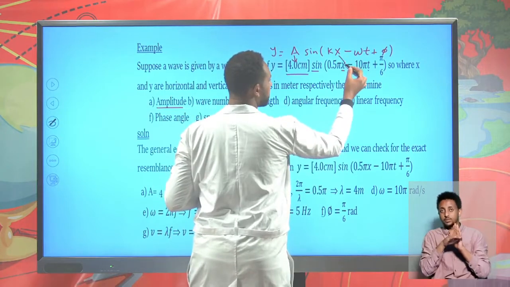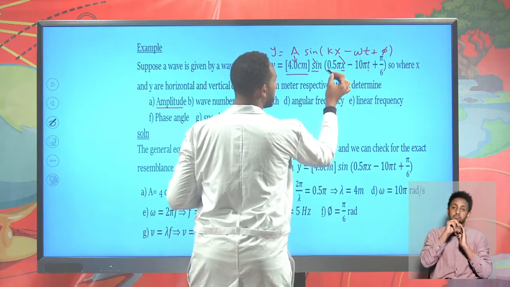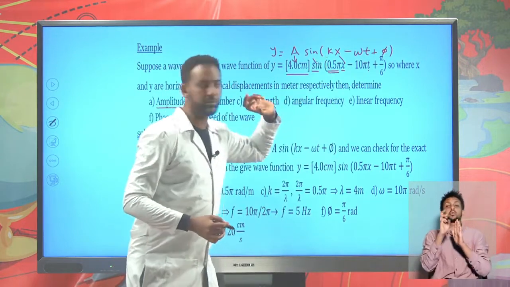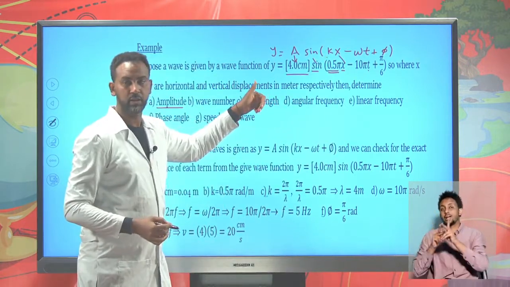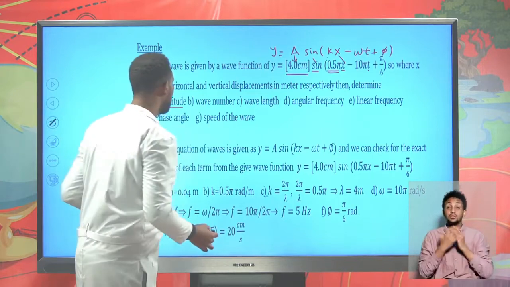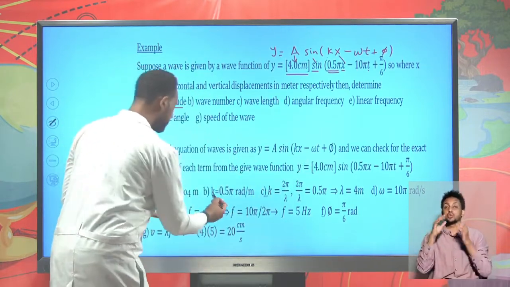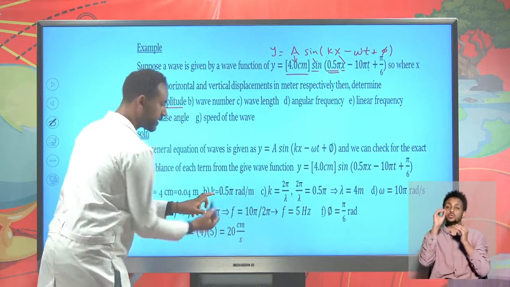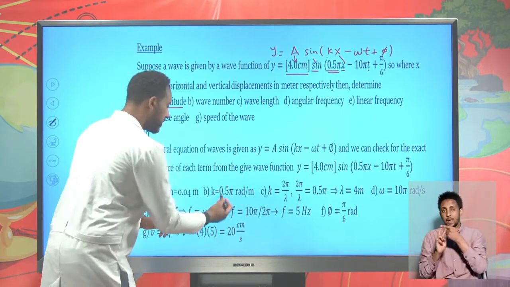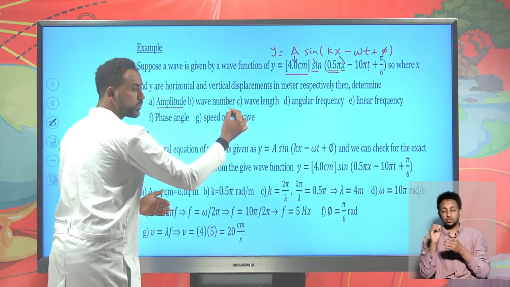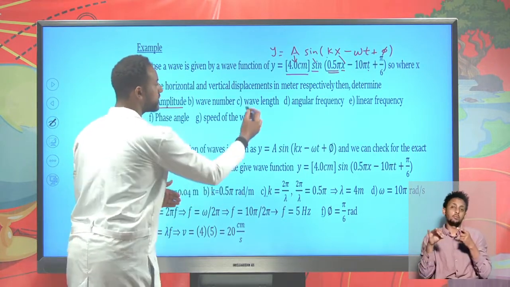Here we have x, here we have sine. In front of x, 0.5 pi represents the wave number or the propagation constant or the wave constant. So the propagation constant can be determined as what? k equals 0.5 pi. But k, we know that it is given to be 2 pi over lambda. It's possible to find the wavelength.